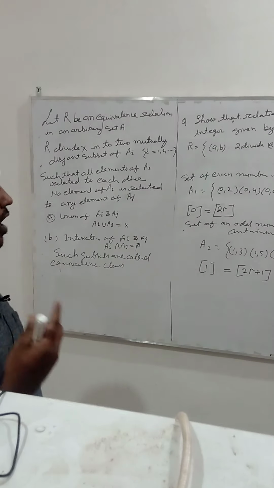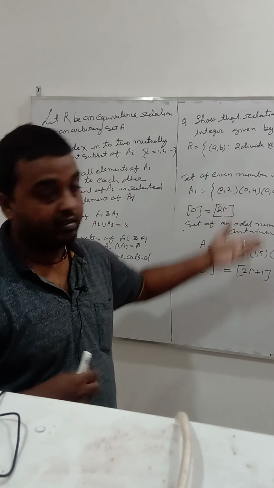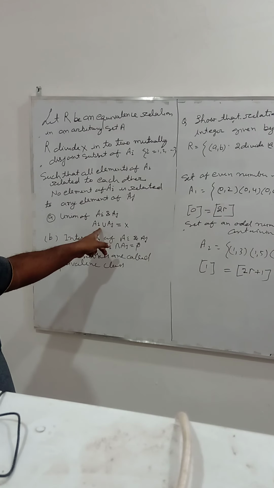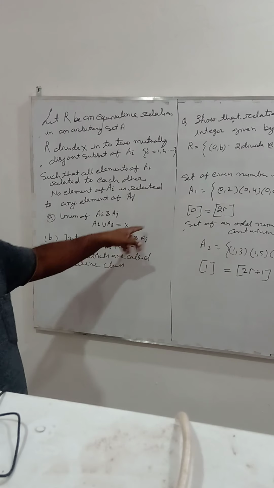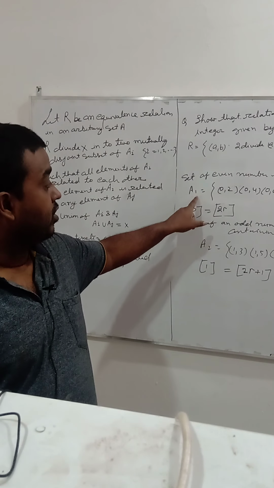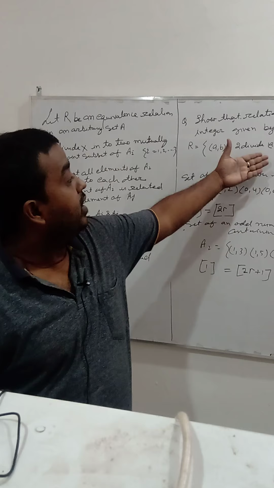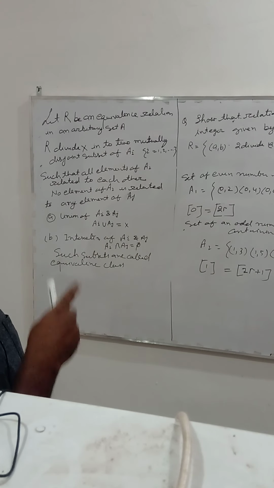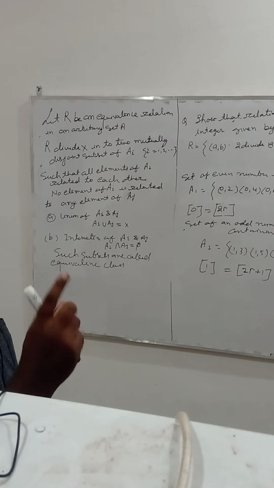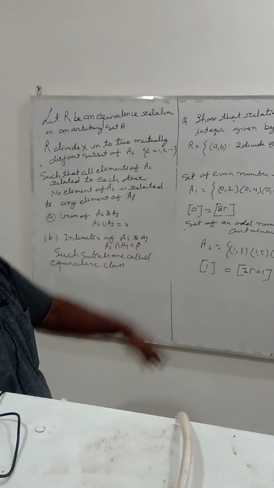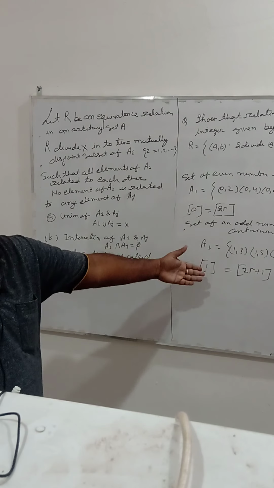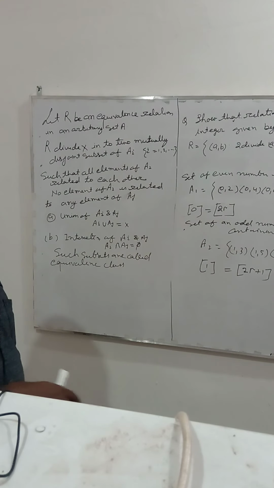Now, the union of Ai and Aj is Z. If we take the union of Ai and Aj, you will get Z, the universal set. Next, the intersection of Ai and Aj is phi. There is no element common between Ai and Aj, so you will get phi.